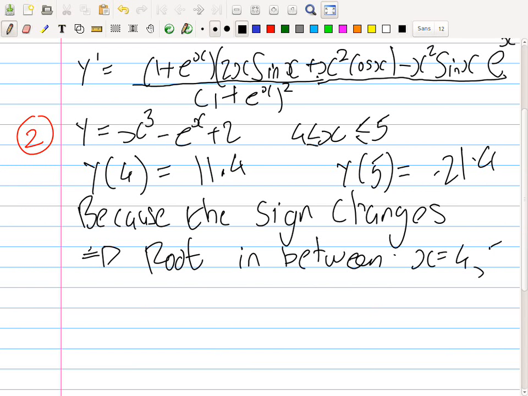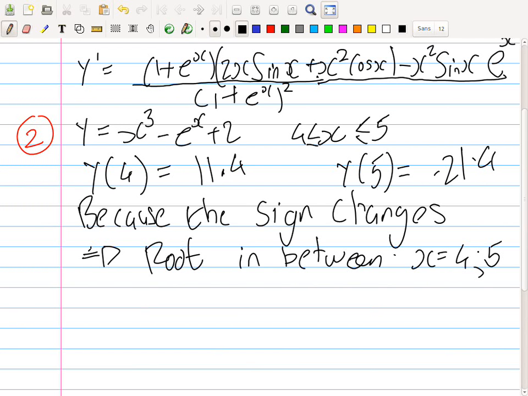Do we have to say f(x) equals 0? Well, that's what I did. I showed that there's a root between 4 and 5, but I didn't find the root. So that's all? That's it finished now. The sign is different.